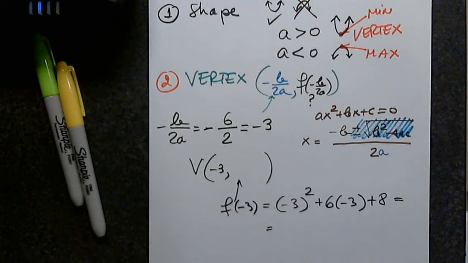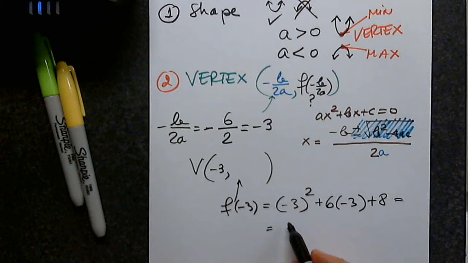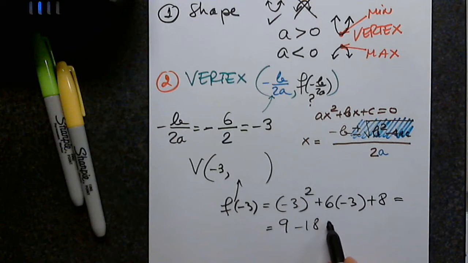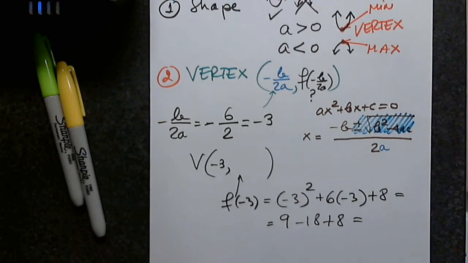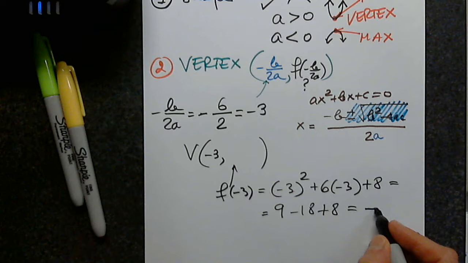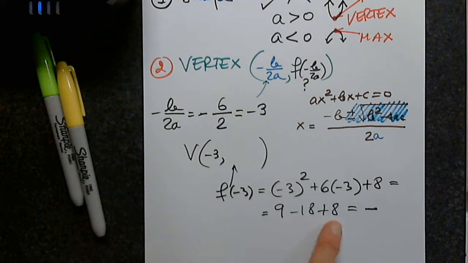Where do I start? Yes, what do I get? Then? Awesome. Very good. And the answer is? Well, this is 17 and this is negative 18.